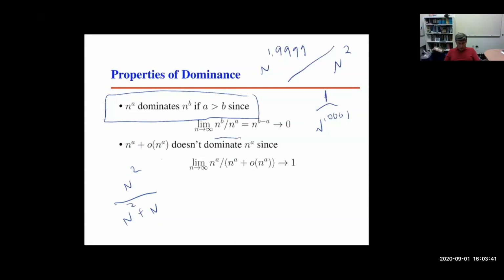Certainly it doesn't go to 0, because we know that n squared plus n is going to be less than 2n squared. Therefore, n squared over 2n squared has got to be less than 1/2. So bottom line is that there isn't a dominance when we have an additive term. Any questions?